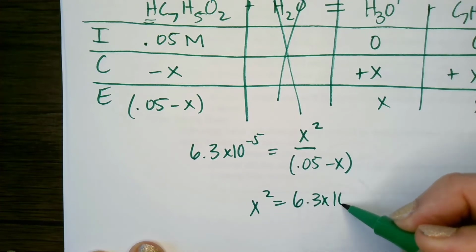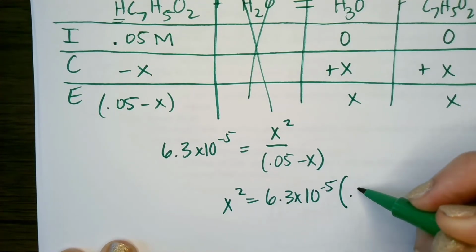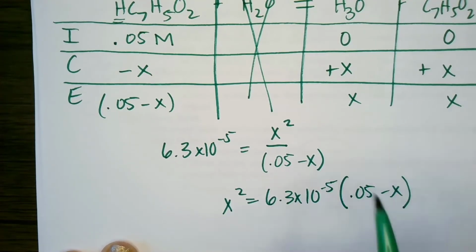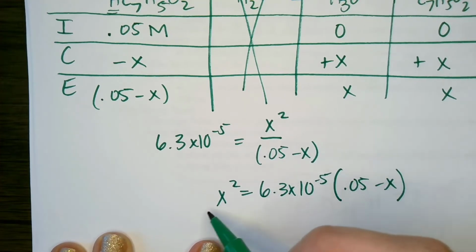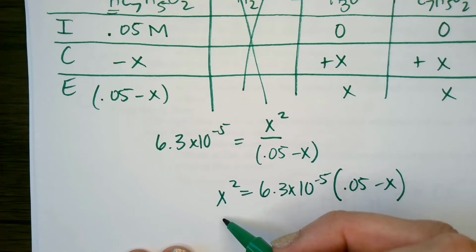We would have X squared is equal to 6.3 times 10 to the negative 5th times 0.05 minus X. And we'll need to do some distributing here because we're going to have to use the quadratic formula.